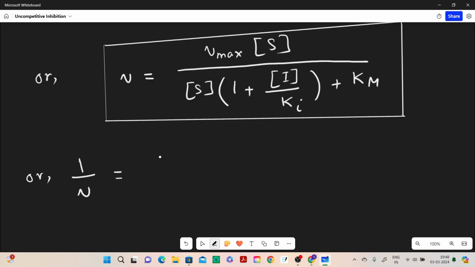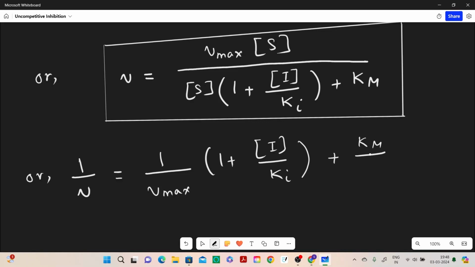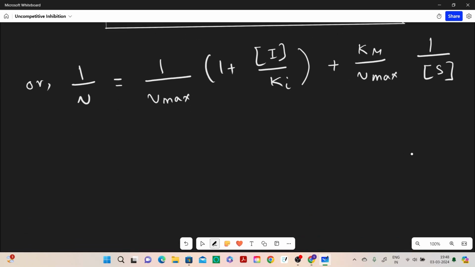It would be equal to 1 by Vmax into 1 plus I by Ki, plus Km by Vmax into 1 by S. So this is the Lineweaver-Burk plot for this equation, and what we will do now is draw a nice plot and see how the Km and Vmax behave in an uncompetitive inhibition.